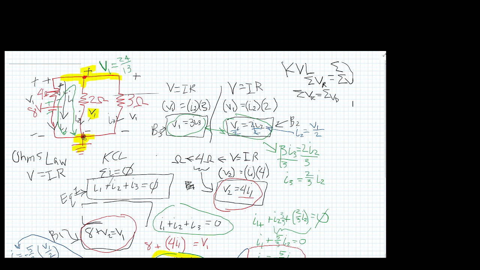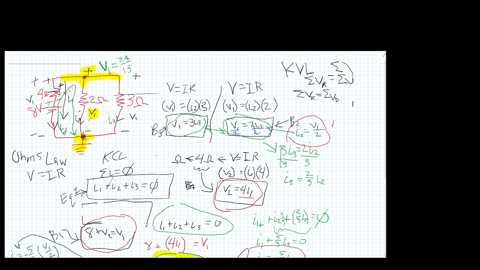And now from there we know all the other ones. Like for instance, our I2. Let me get a different pen. You can get your I2 easily.